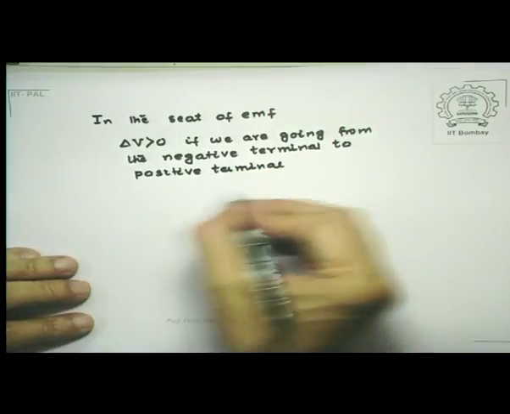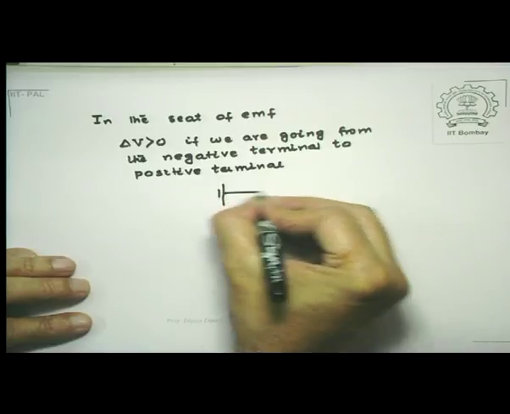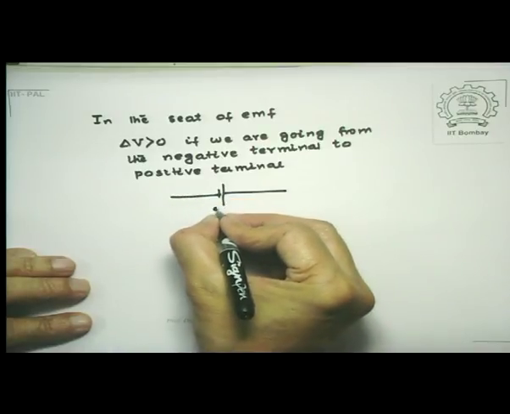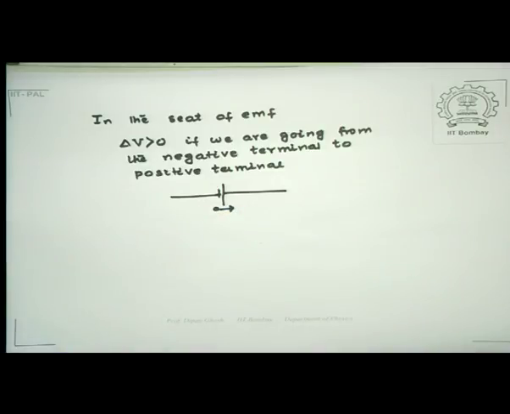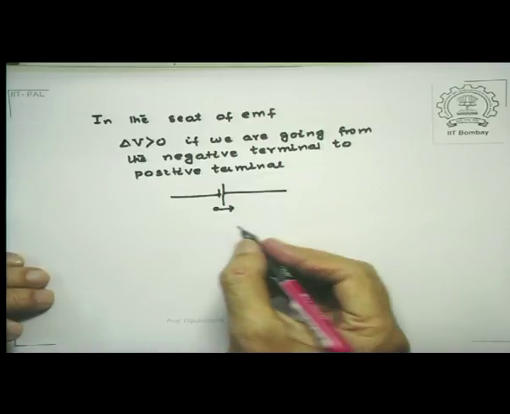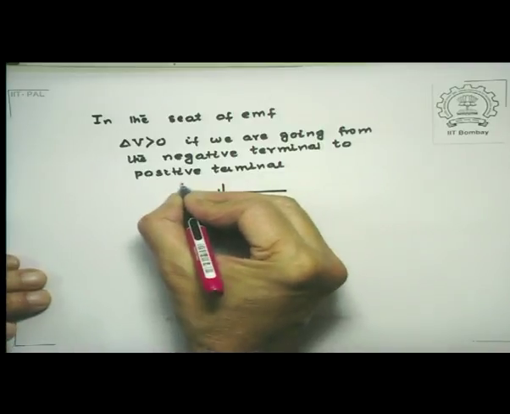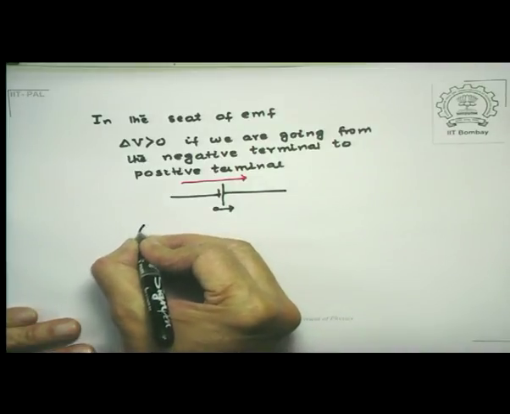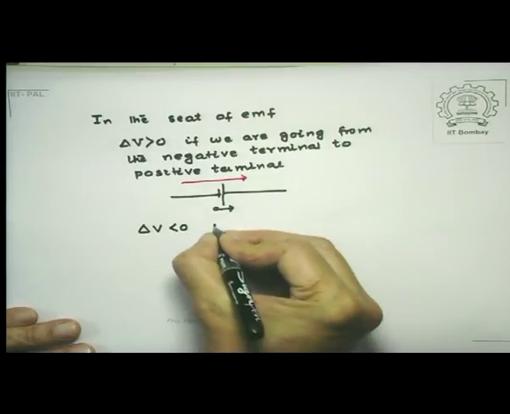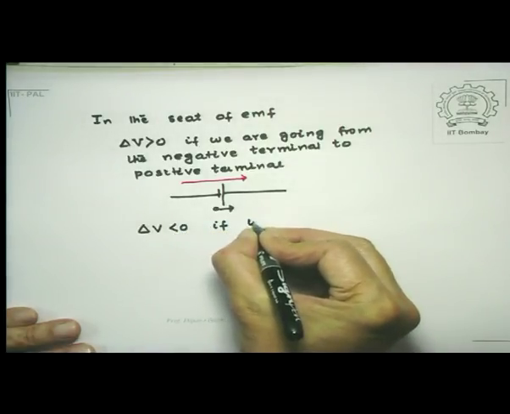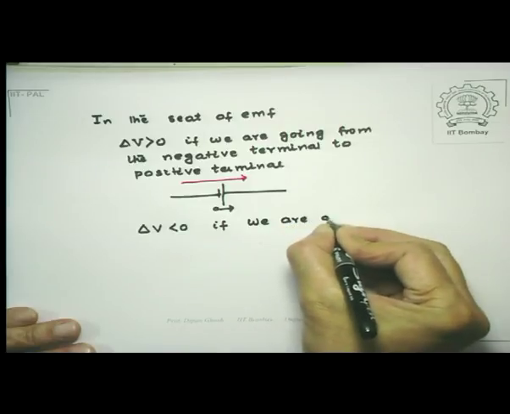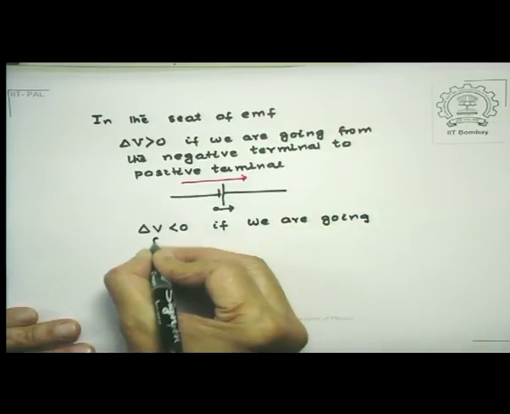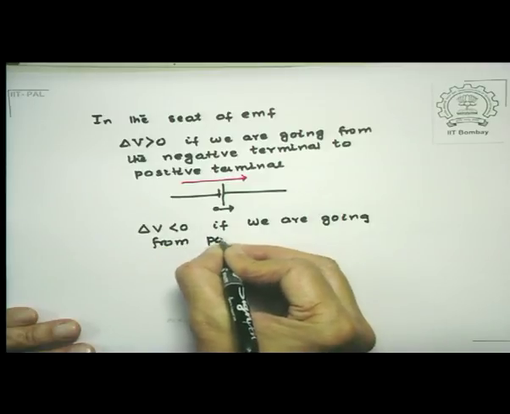You recall that we have been having this type of notation for our battery, and this is the mark that we had. So what we are saying is that in using Kirchhoff's law, if you are traveling in this way, then your delta V turns out to be positive. And the reverse would be true if you are traveling in the reverse direction, from positive to negative.